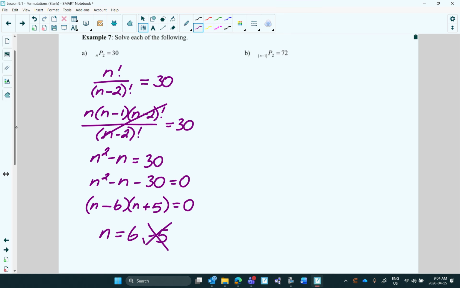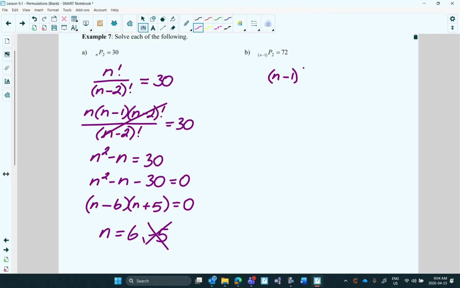The last equation. Well, using the formula, the first expression up top with the factorial over the first expression minus the second number factorial equals 72. Well, I can simplify the bottom to n minus 3.